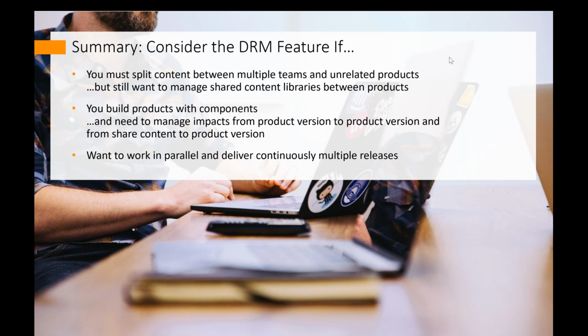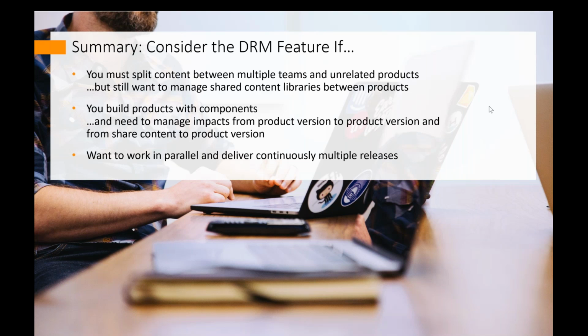DRM is very practical, very powerful, and you should consider it, especially if you must split content between multiple teams and loosely related products, but still want to manage the shared content between these products.